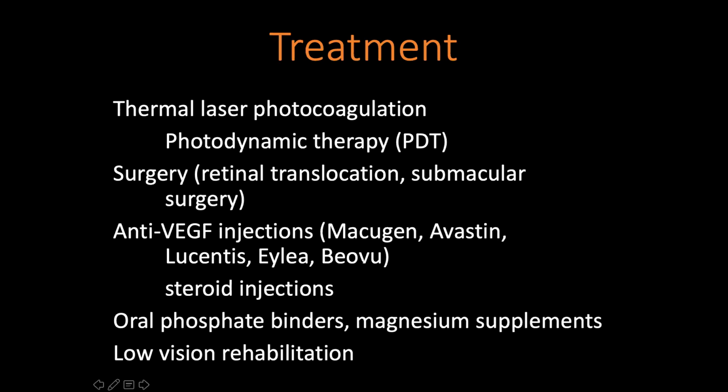Beovu came on the market 1 year ago. That is made by Novartis, and that promised to actually last longer than the other anti-VEGF injections, and it seemed to work that way, but has had some problems, which we can discuss in the Q&A later.